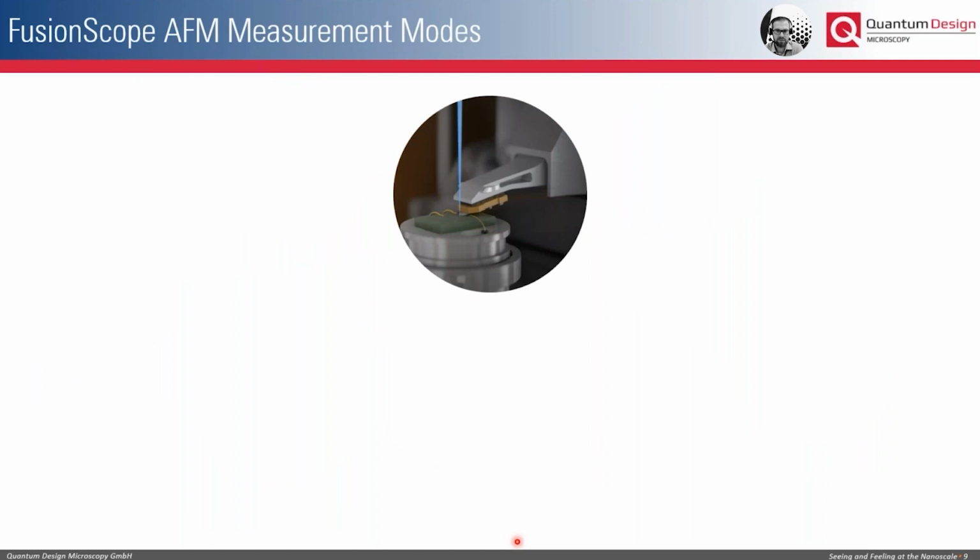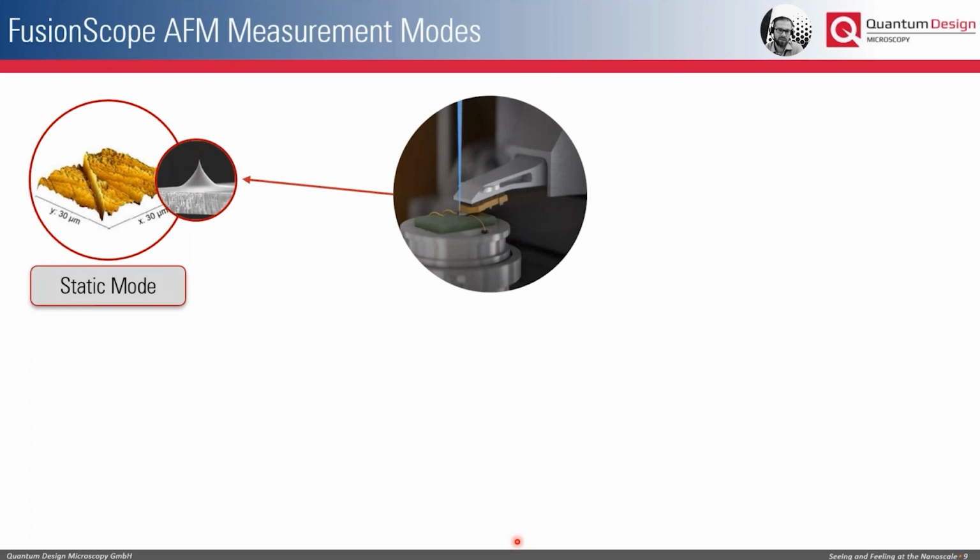Talking about the FusionScope AFM measurement modes, it can supply you all the standard AFM measurement modes that you would expect from a conventional AFM. We can, of course, do the classical static or contact mode imaging with the FusionScope.